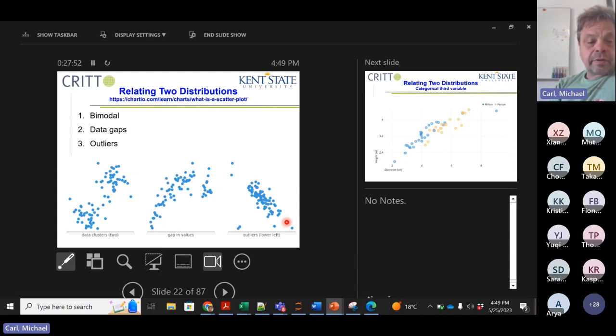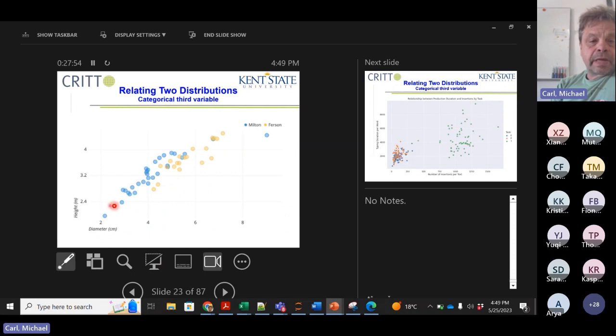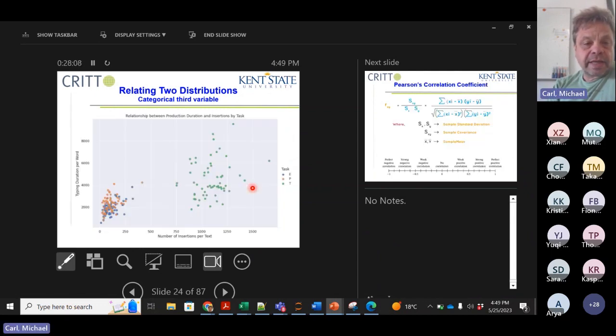And also here we can put not only 2 variables, but 3 variables, for instance, by having a different color here. And we had something similar yesterday, where we have the number of insertions per text. So again, it was from the same text, right? It was a whole session text, and there were so many insertions in the text and the typing duration.